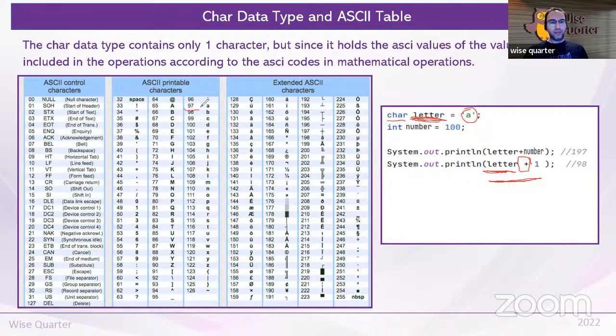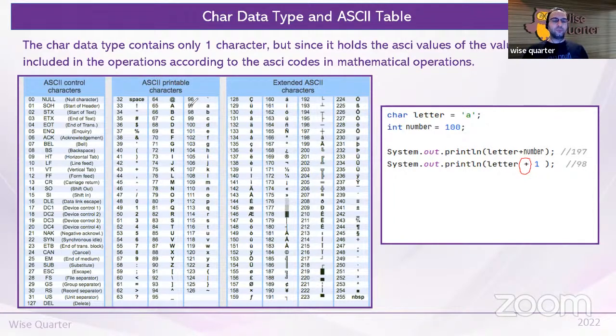Let's check the value of A, it is 89. 89 plus 1 will be 98.